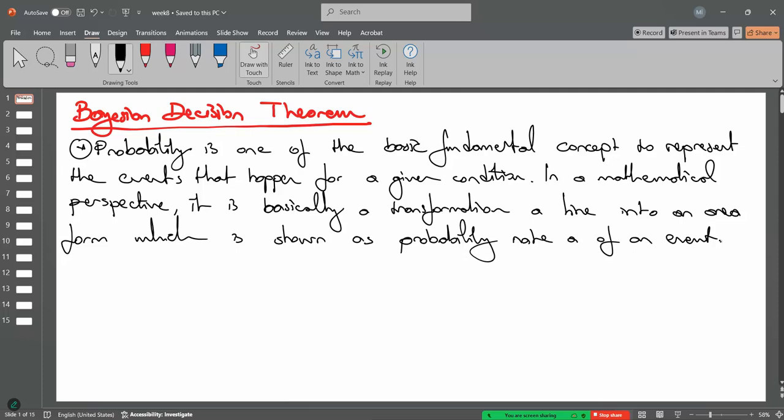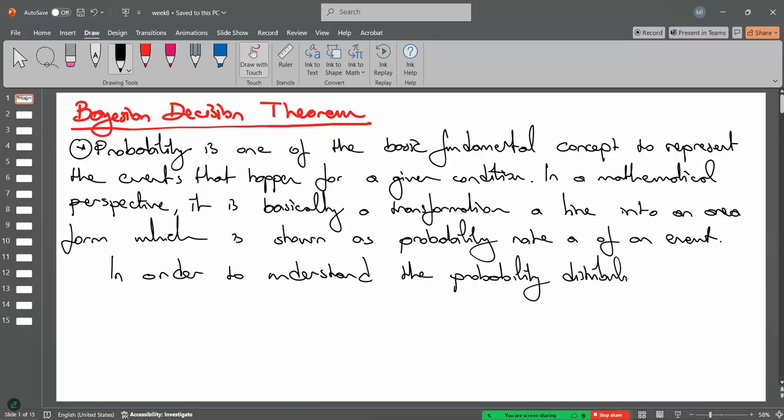Okay? So in order to understand the probability distributions, we need to analyze the subset of class.